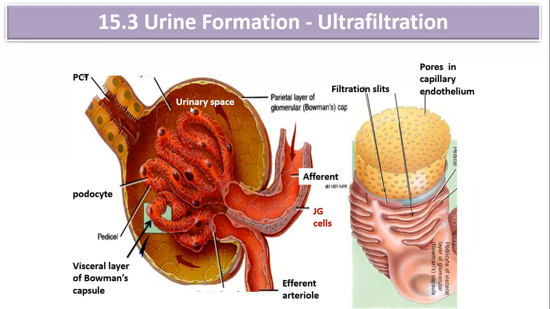What is the urinary space or capsular space? It is a space present between the parietal and visceral layers of Bowman's capsule.